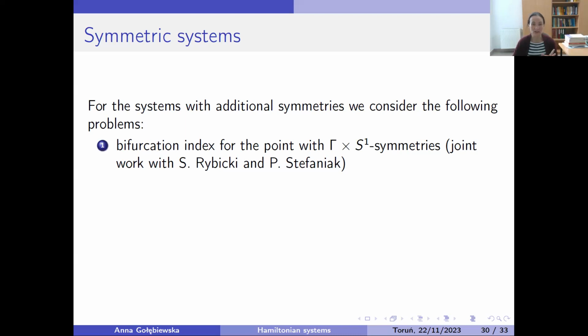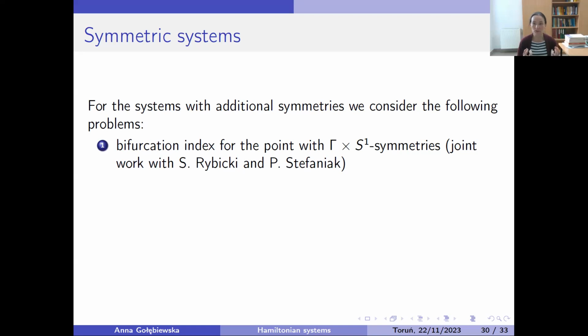And we can obtain, again, we compute the bifurcation index, but this time the bifurcation index is not an element of the Euler ring of S1, but of the Euler ring of the torus. And why do it? Because you can show that we have examples where the bifurcation index computed only with the use of the S1 group doesn't imply bifurcation.